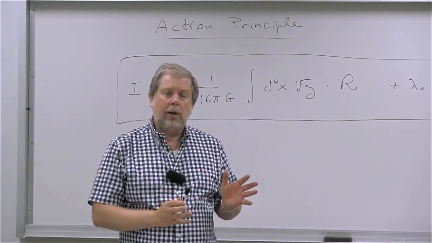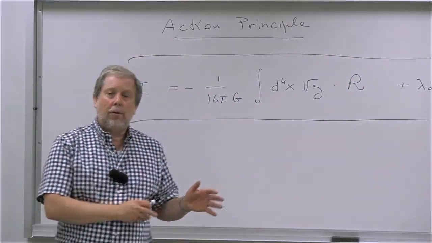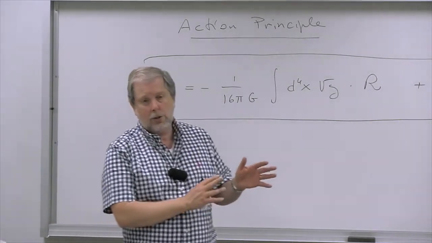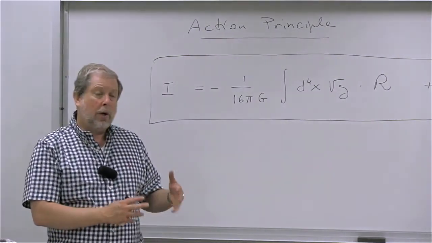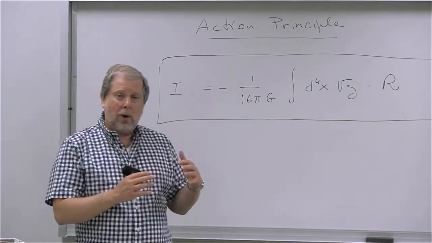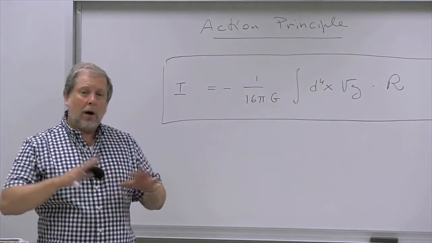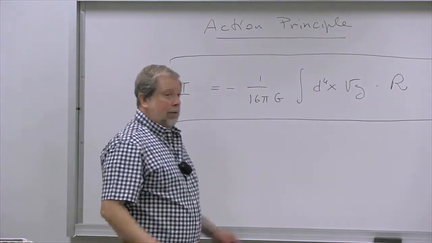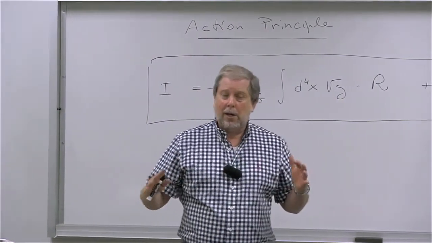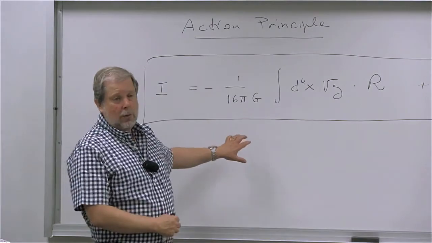We do know that you can add other terms, but we also understand that those additional terms are only going to be important when you look at very wild fluctuations of the metric at very short distances. But if you look at long distance phenomena, where the fields are not varying rapidly in space or time, then this is unique.